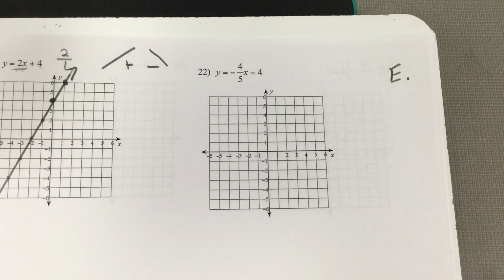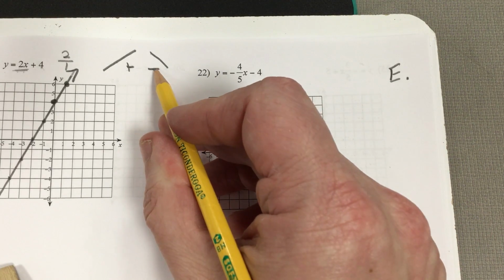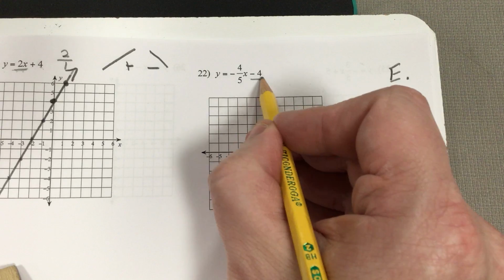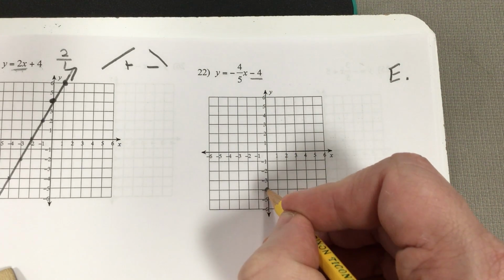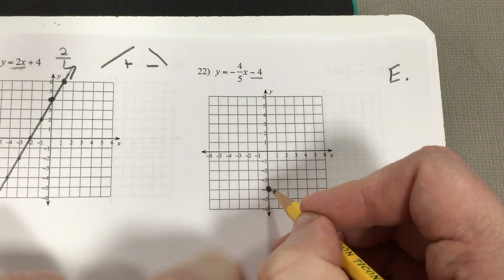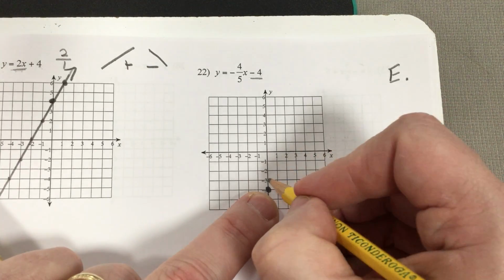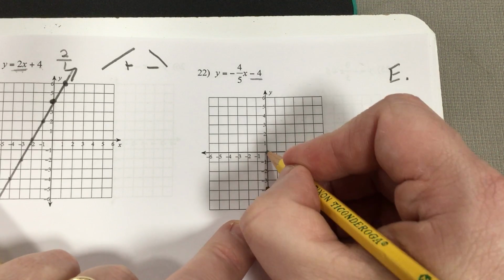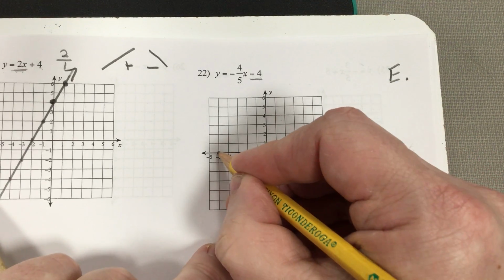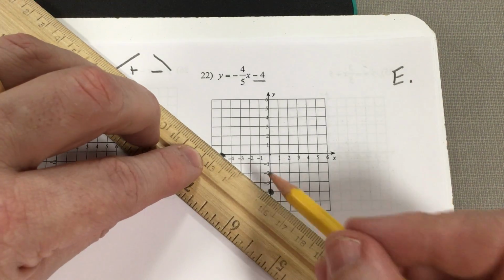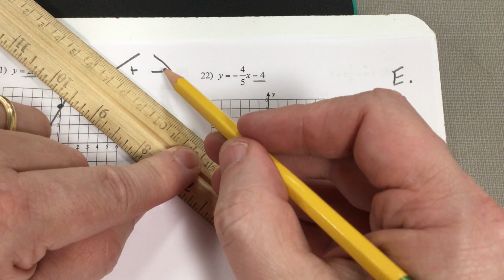So this next one is negative. Now I know my line's going to have a slant more like this. First things first, I want to put that y-intercept here as a dot. So I'm going to put a dot right there at negative 4. Now I know it's going to go up 4, 1, 2, 3, 4, and it's going to go over 5. So I'm going to go this way. The reason is, look, the line's going to have a slant of a negative line.